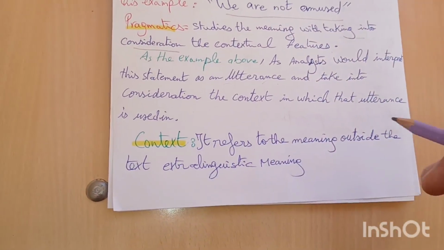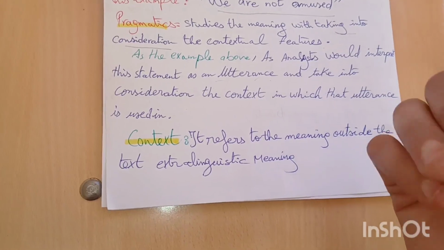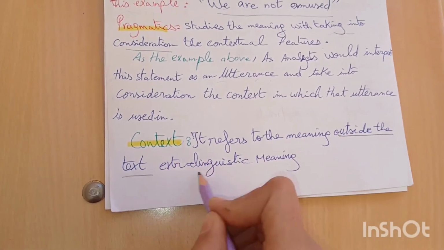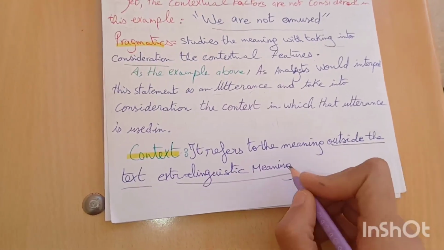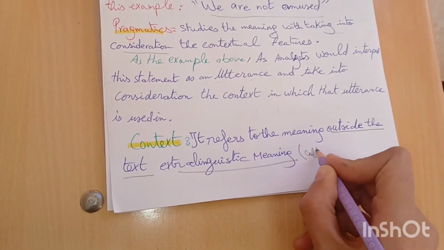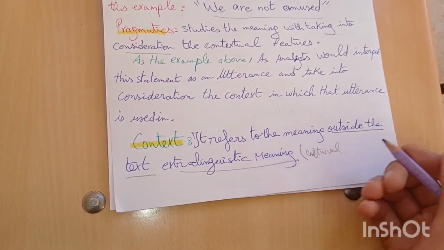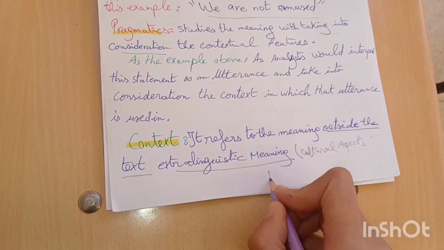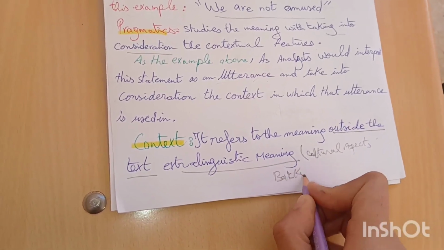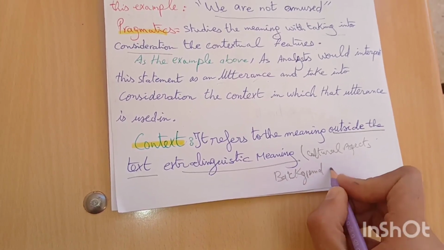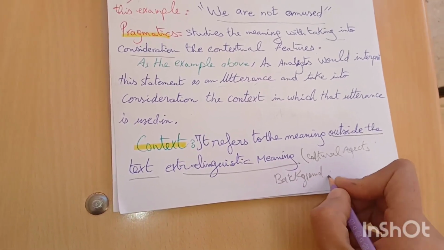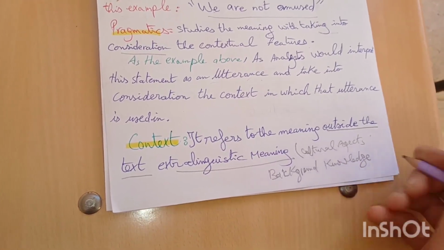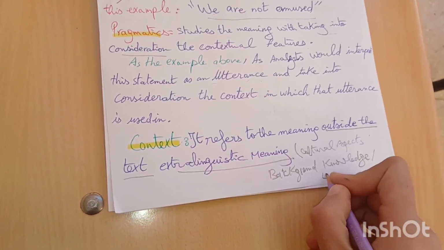Context. Context refers to the meaning. Yes, the context refers to the meaning, yet it is the meaning outside the text, the extra linguistic meaning, because we take into consideration cultural aspects, the background knowledge of those interlocutors, and we take into consideration also the linguistic meaning.